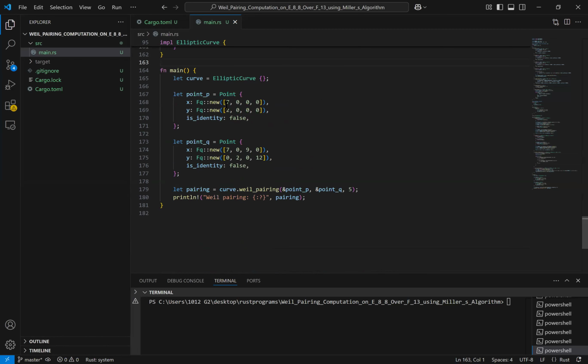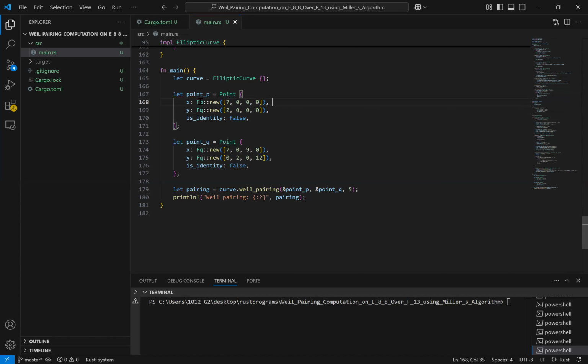In the main function, the point I put is (7, 2). But we don't just write 7, 2. 7 is supposed to be 7 plus 0t plus 0t squared plus 0t cubed, and 2 is 2 plus 0t plus 0t squared plus 0t cubed.